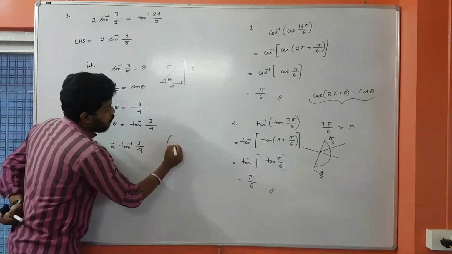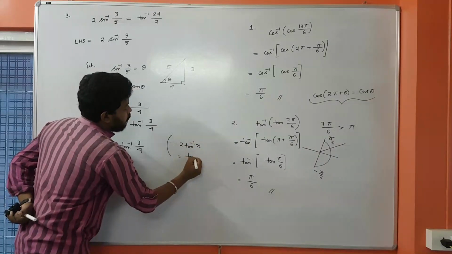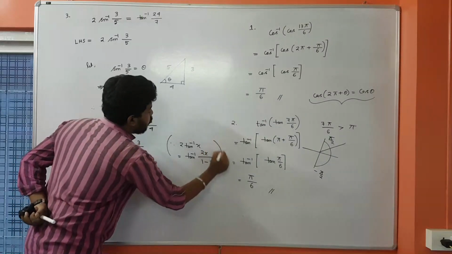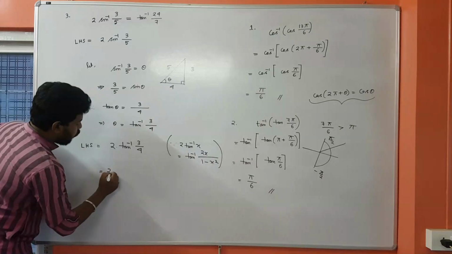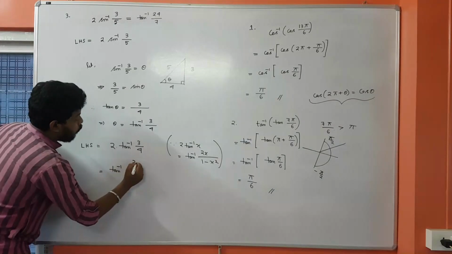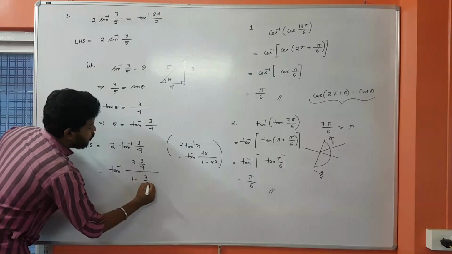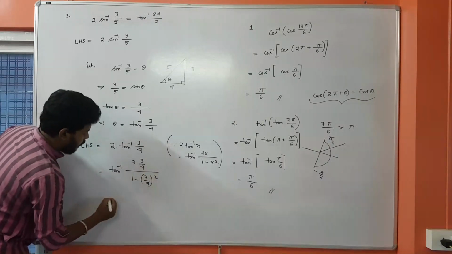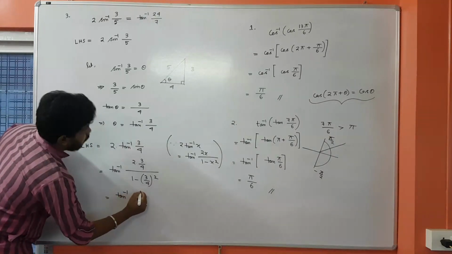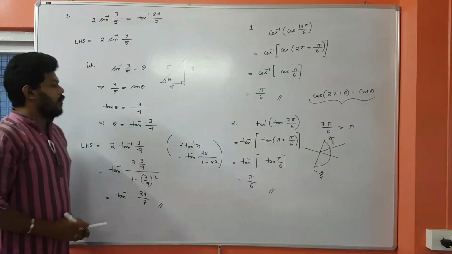We know twice tan inverse of x is equal to tan inverse of twice x by 1 minus x square. Use this, we will get tan inverse of twice x divided by 1 minus 3 by 4 whole square. After simplification, you will get tan inverse of 24 by 7. This is your required proof.